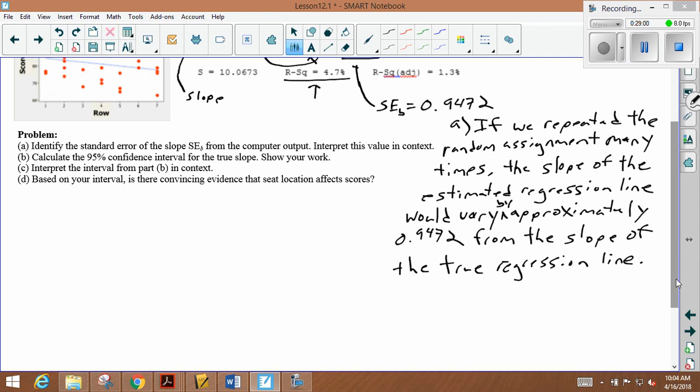So it assumes that somewhere out there in the universe, there is a regression line that perfectly models this. We're about 0.9472 units away from it.